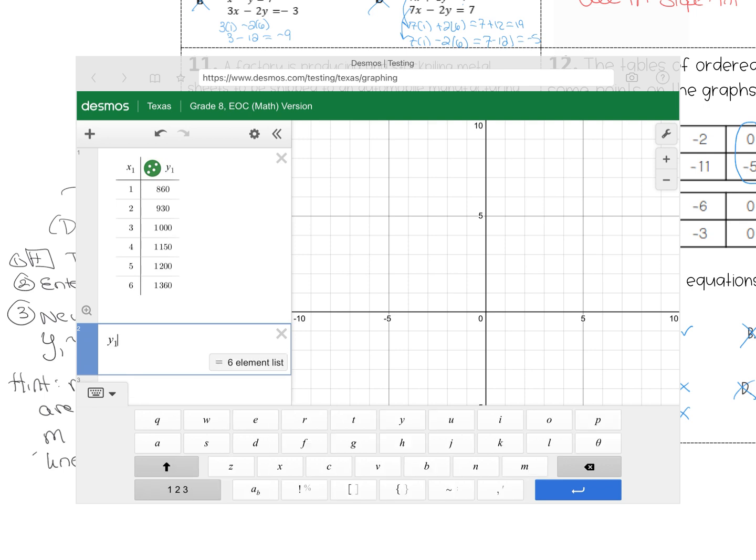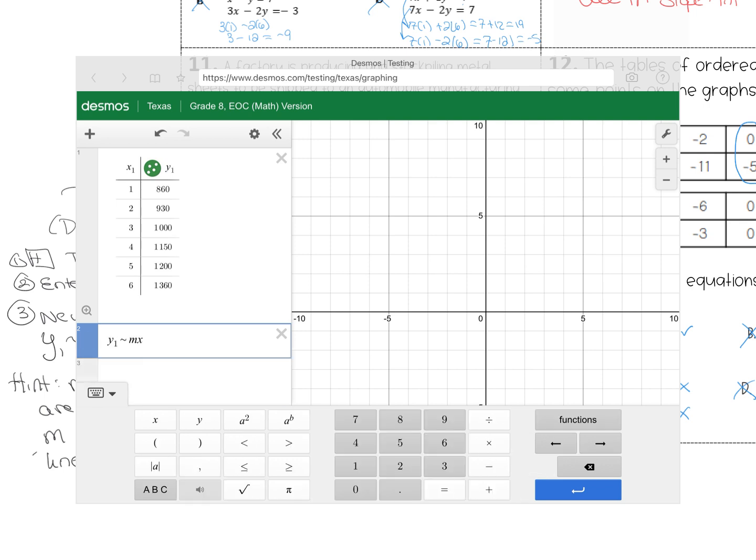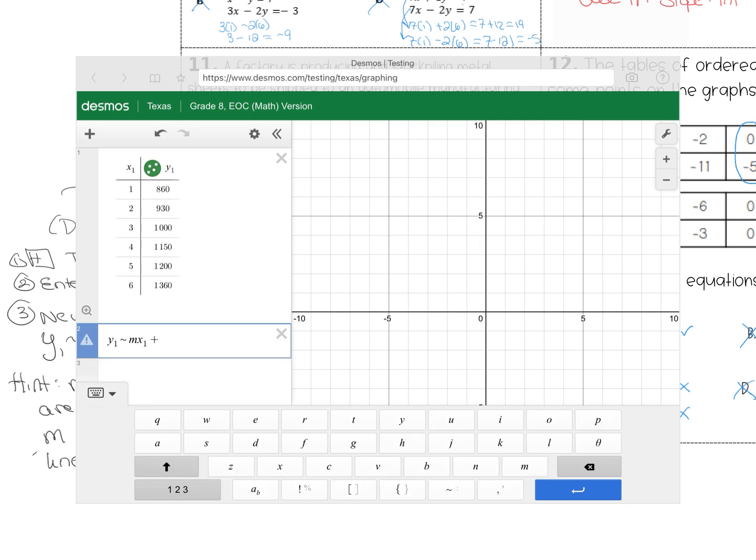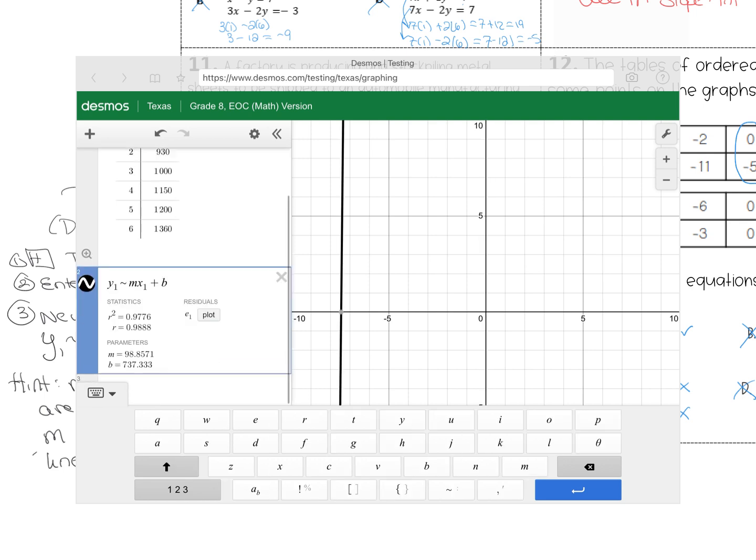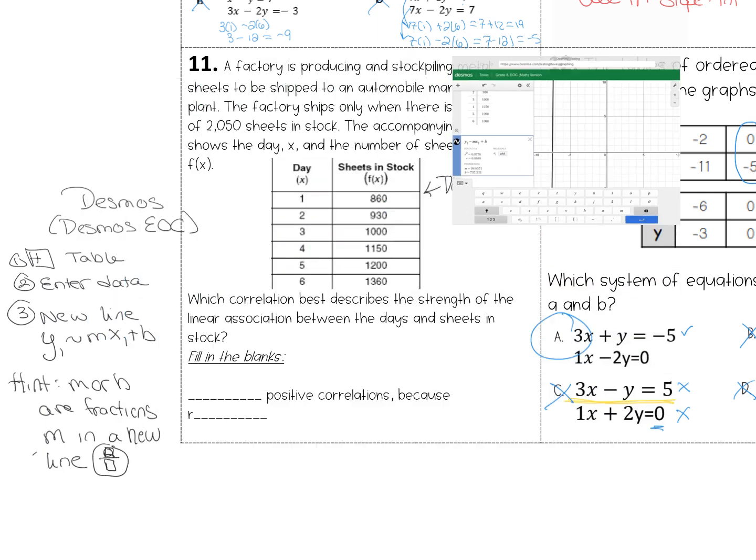Y1 tilde squiggly mustache thingy mx1 plus b. And remember, we're looking for r, not r squared, r. My r is 0.998. So if I go here, my r value was 0.998. So blank positive correlation.